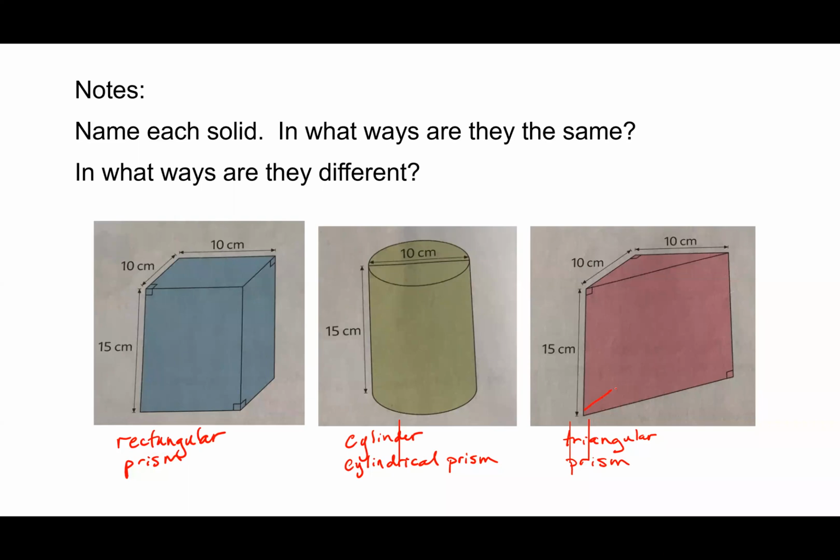So if we were to look through this, we would see another shape down here at the bottom that would be the same as the face up here, right? So it has two matching faces at the top and the bottom. Same with the cylinder, same with the cube, or the cuboid, I should say, or the rectangular prism. So prisms are named for their bases, and prisms have two congruent bases.